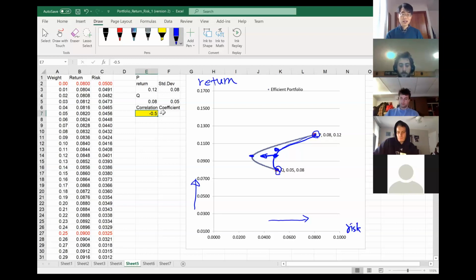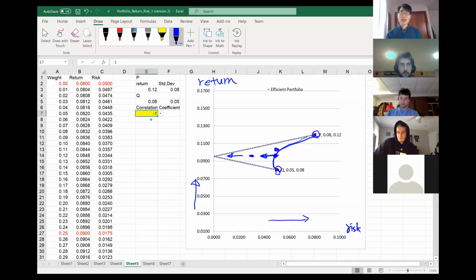And the extreme case is when two assets have perfectly negative correlation. Right? Then now you can actually enjoy 9.5% return with 0 risk. Right?